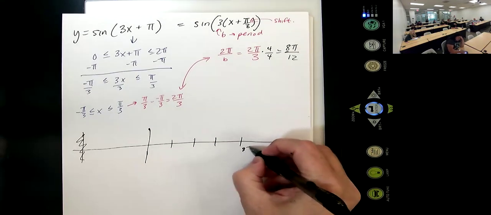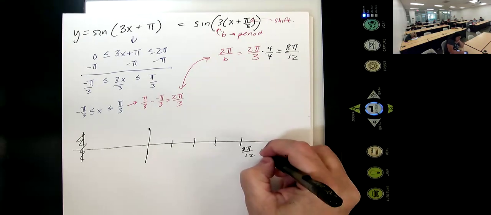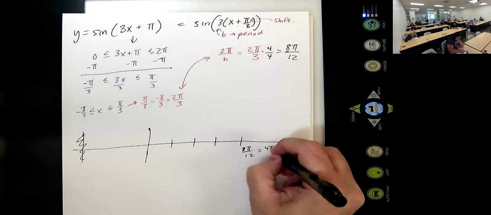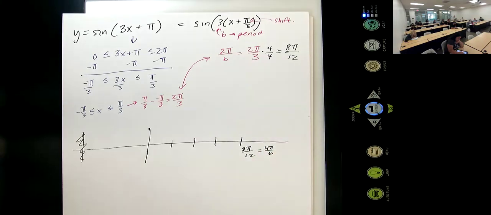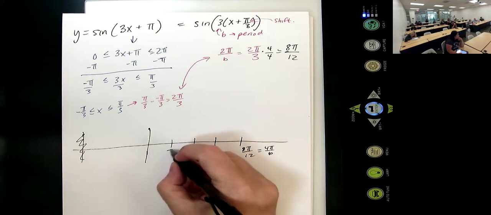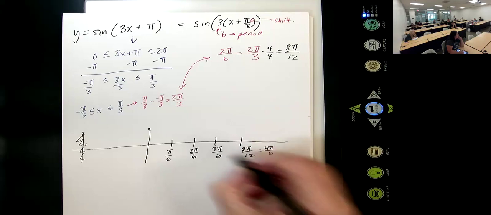So 8 pi over 12, which is 4 pi over 6. 4 pi over 6 might be easier to cut in half. Smaller numbers. That would give me 2 pi over 6 here. Pi over 6 here. And 3 pi over 6 here.